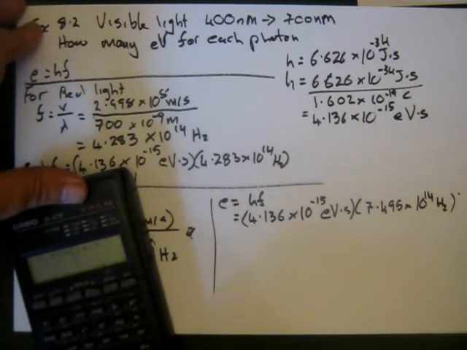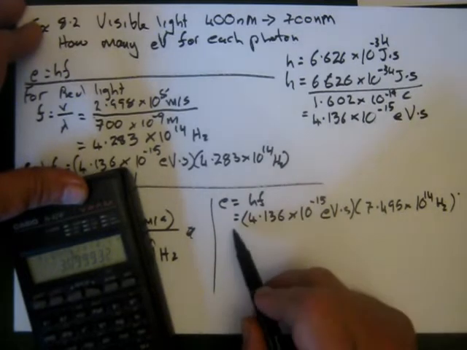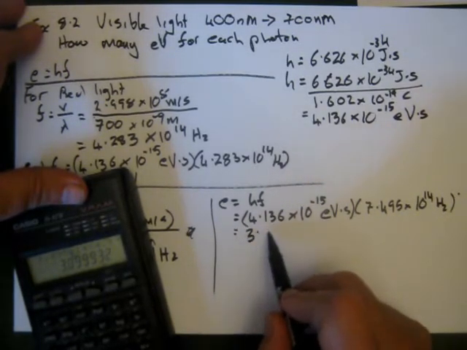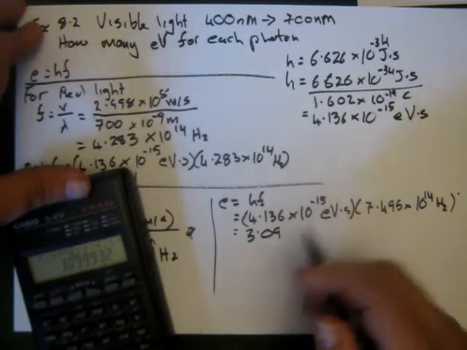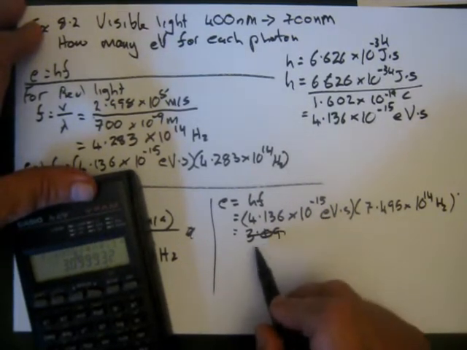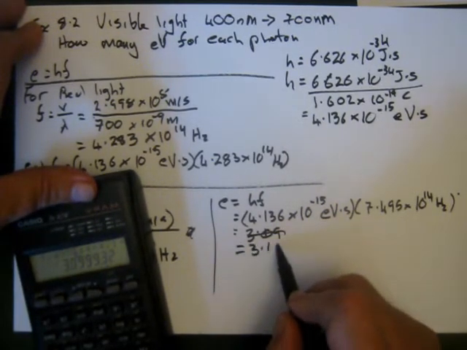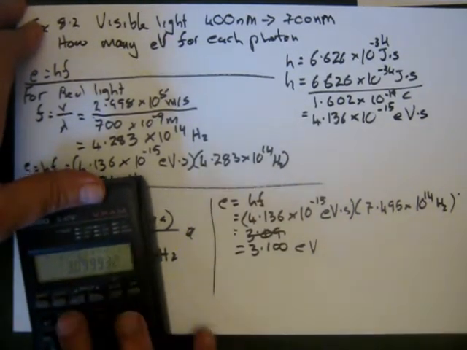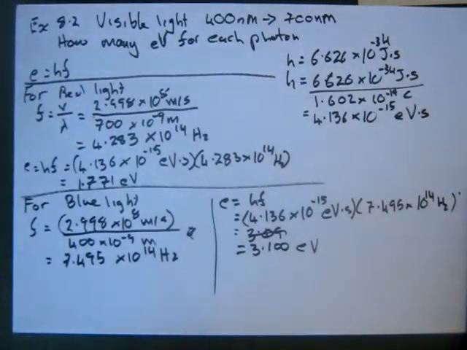That equals, does that seem about right? Yep, 3.09, let's call it 3.100 electron volts.